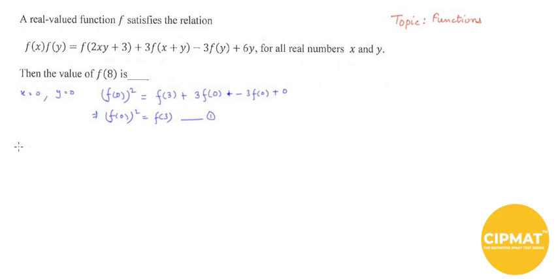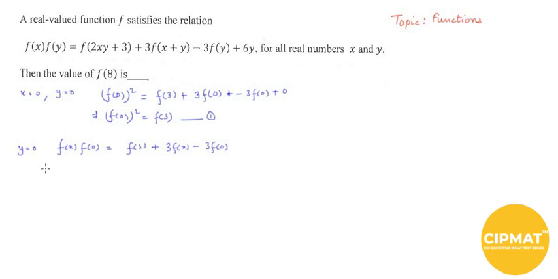Okay, now let me put only y equal to 0 and nothing else. Now if I put only y equals 0, then I will have f(x) into f(0) is equal to f(3) plus 3 times f(x) minus 3 times f(0).